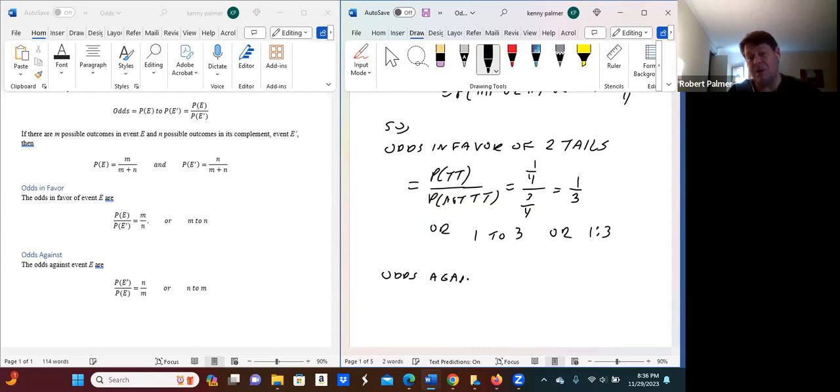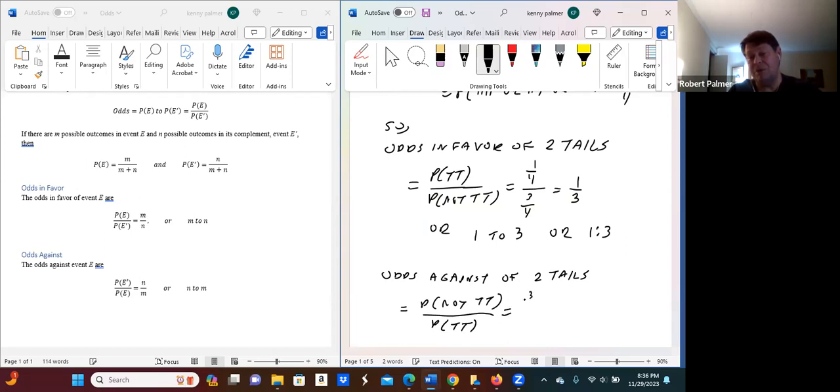And so also if we do odds against that of two tails, that's going to be essentially the reciprocal of this: the probability of not a tail then a tail over the probability of two tails.